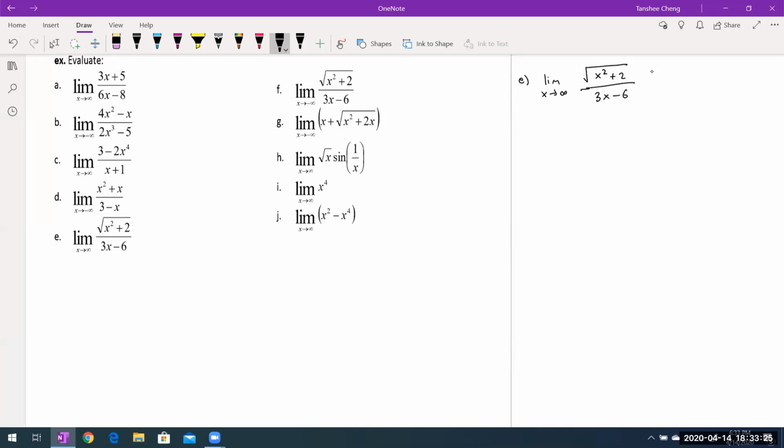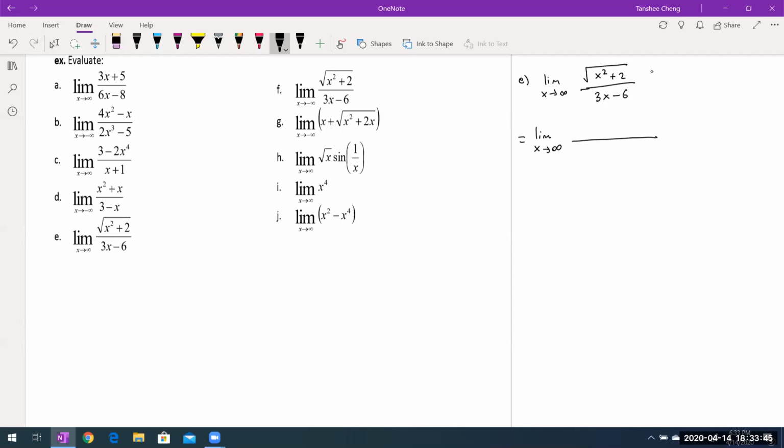But however, the limit is as x approaches infinity, not at a particular point. So what we want to do is use the theorem that we talked about earlier.